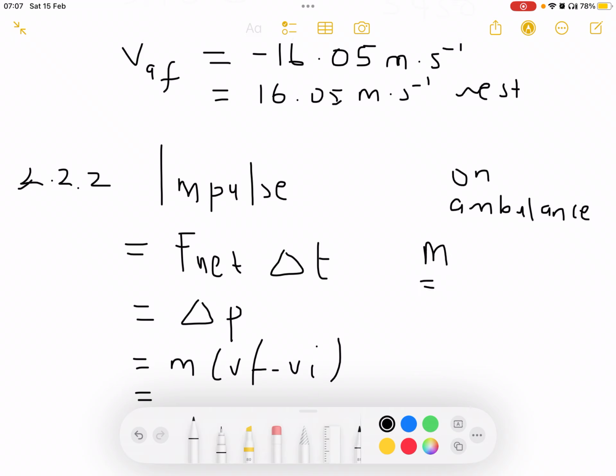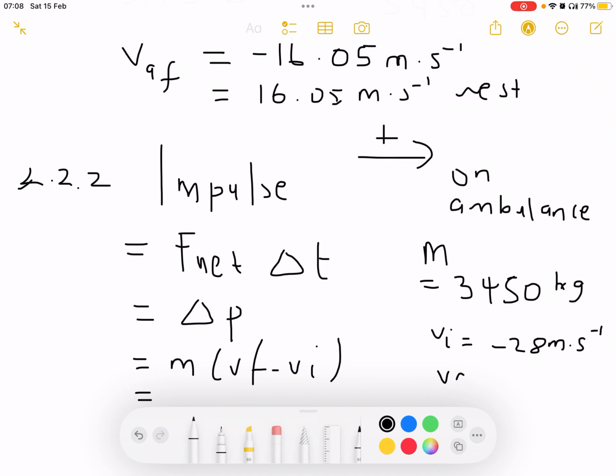Mass of ambulance is 3,450 kilograms. V initial of ambulance is, we're still taking eastwards to be positive, so it was going at minus 28 meters per second, and finally it was going at minus 16.05 meters per second.